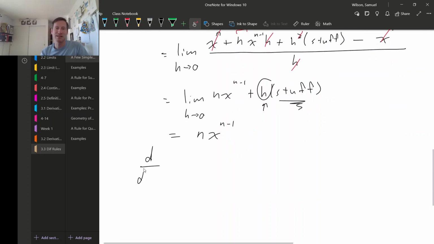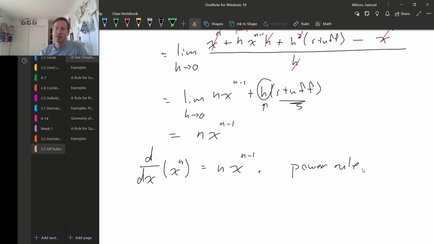If we want to write this in Leibniz notation, we could write d dx of x to the n is n times x to the n minus 1. So we're going to call this the power rule for derivatives. And we've only proved it for positive integers.